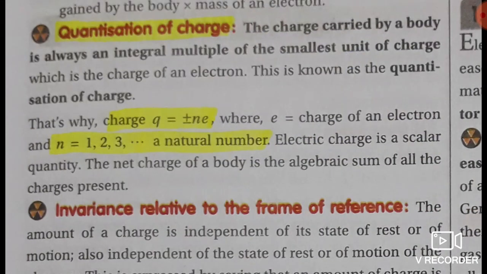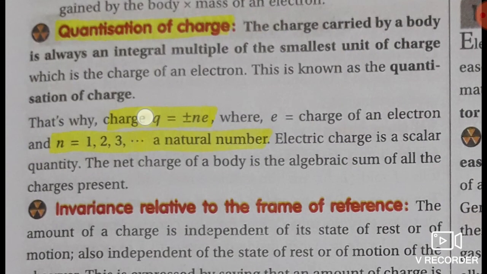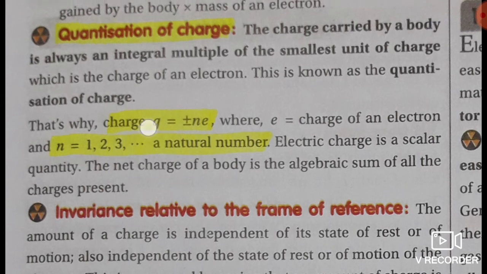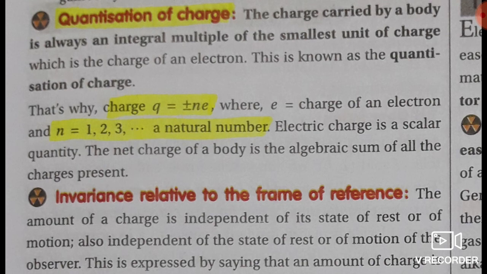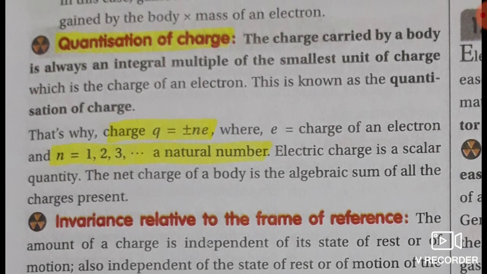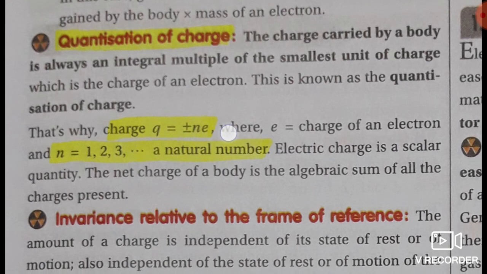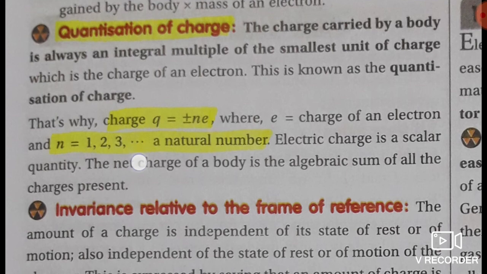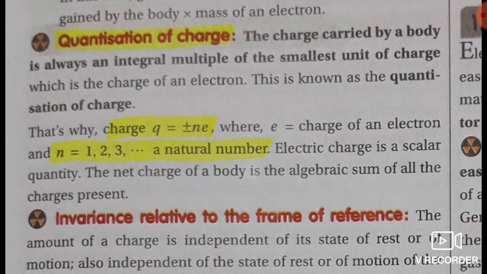Let us consider charge q present on any body. So charge q on any body should always be an integer multiple of the smallest unit of charge, that is e, so q equals n e, where n is the integer multiple, its value is 1, 2, 3, and so on, natural numbers. So this is called quantization of charge.